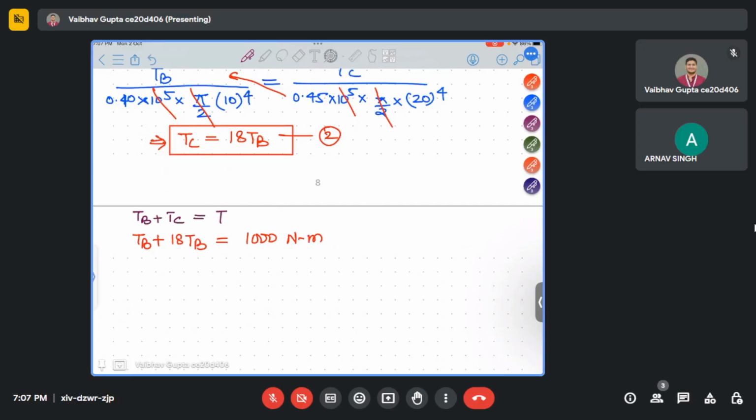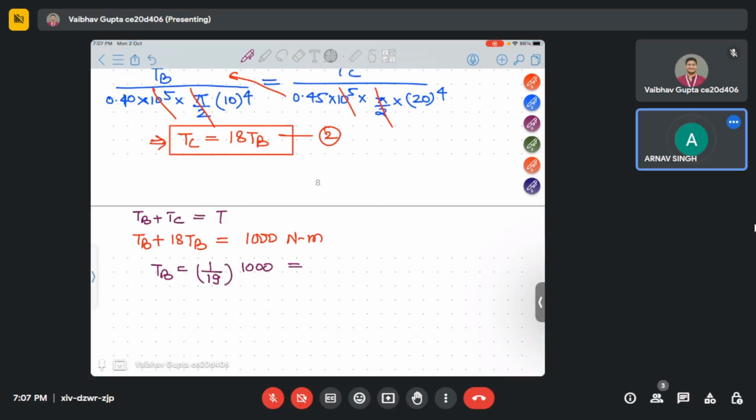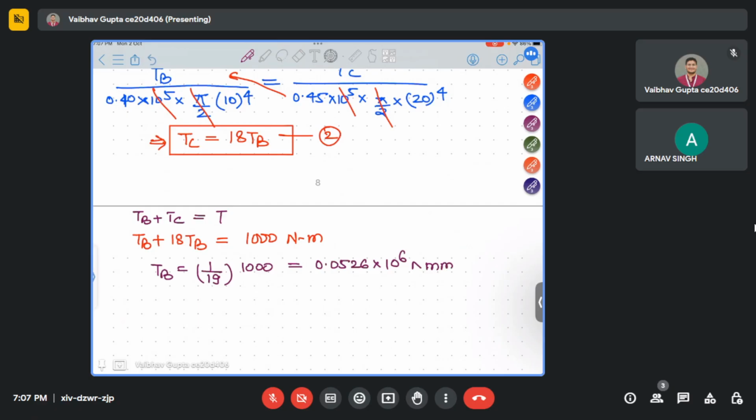So now TB will be equal to 1 by 19 into 1000, which is equal to 0.0526 into 10 to the power 6 Newton mm.